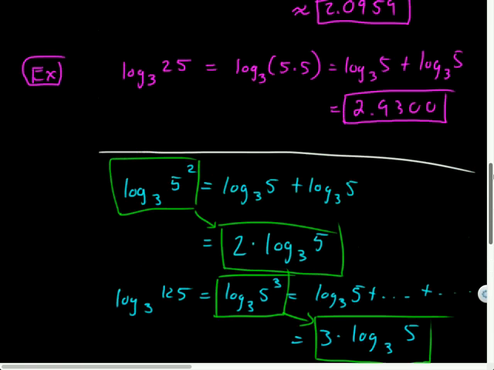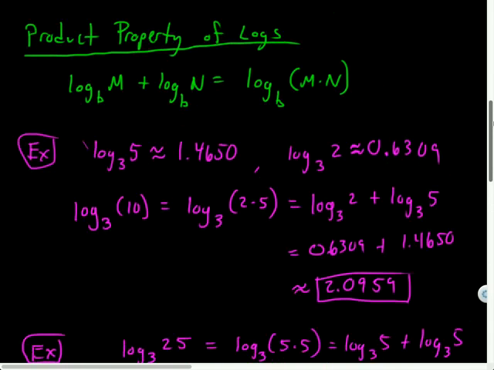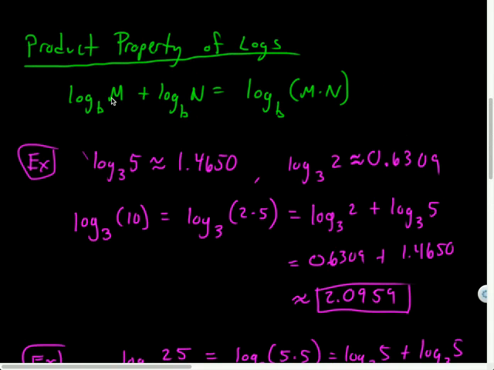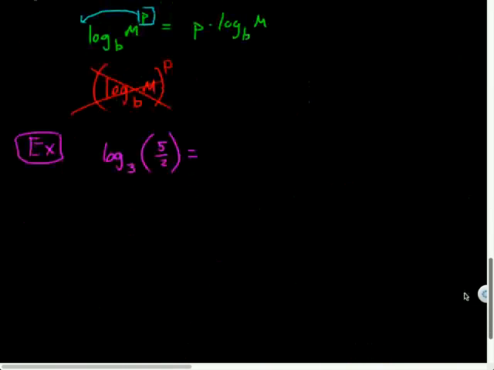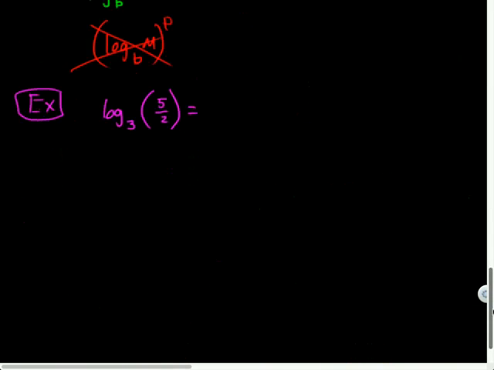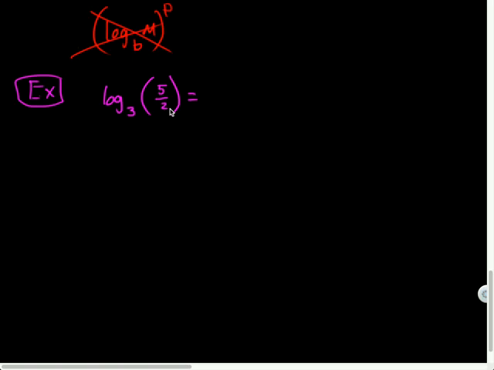But I know that the log of a product from earlier is equal to the sum of two logs. Log of a product, sum of two logs. So now I've got the log of a fraction. I'm dividing here. But there is a way that I could write that as a product. I could write that as log base 3 of 5 times 2 to the negative 1. 2 to the negative 1 is the same as dividing by 2. Do you guys agree? It's like multiplying by a half.